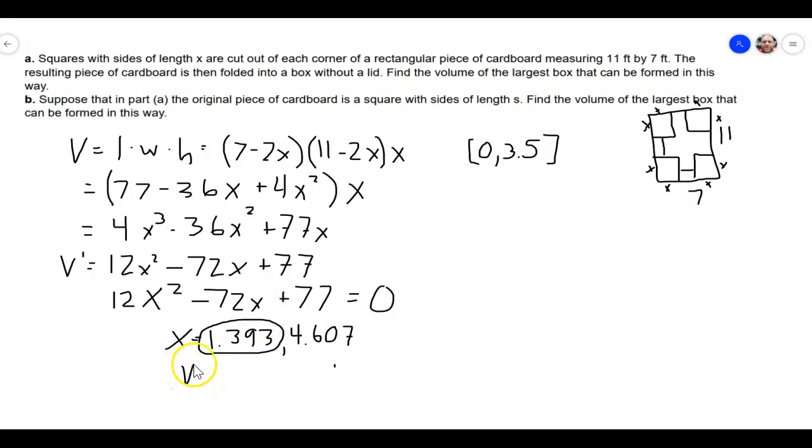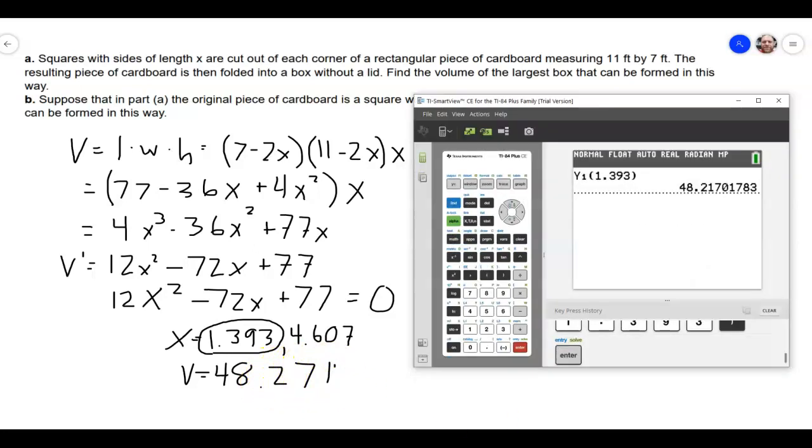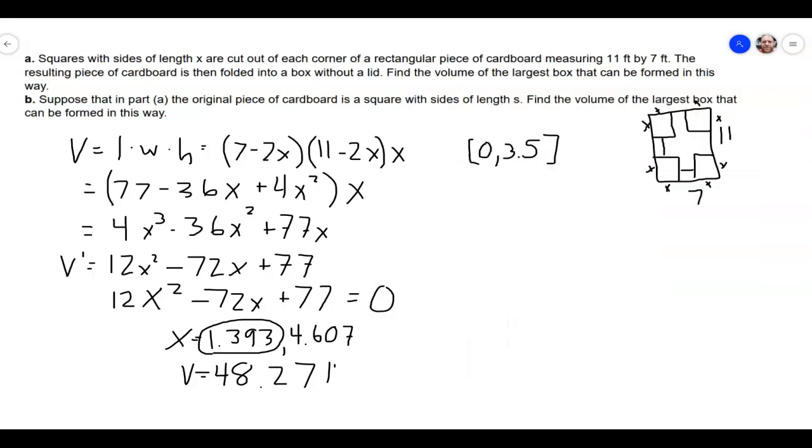So the volume is equal to 48.217, and this is going to be cubic feet. So feet cubed. All right, so this is how you do part A here.